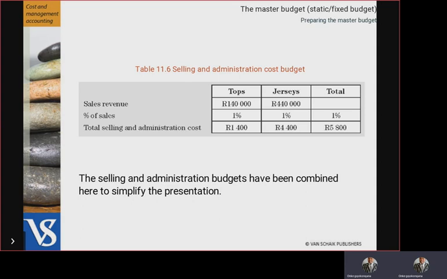So in this case, we are using a percentage. You simply go to your sales revenue, which is 140,000 and 440,000 on each basis, and you simply calculate 1% of that, as you can see. The selling and administration budget have been combined here to simplify the presentation. Sometimes they can split it, so you have to do it one by one.